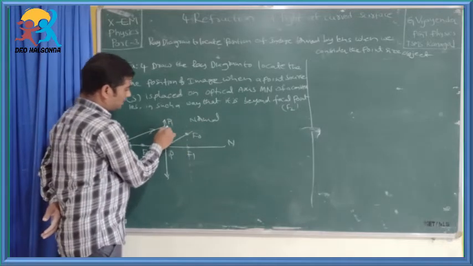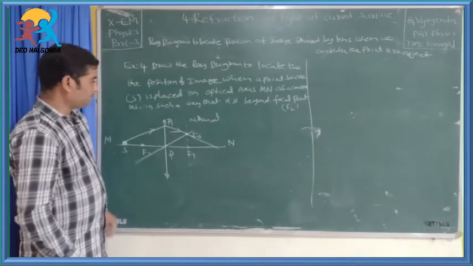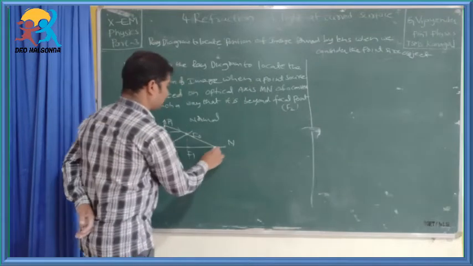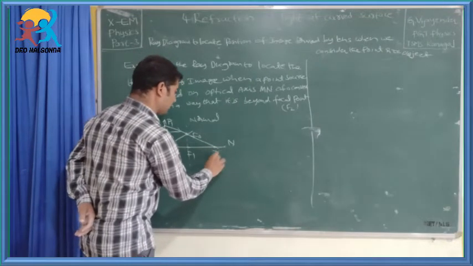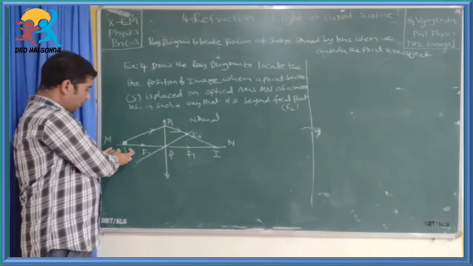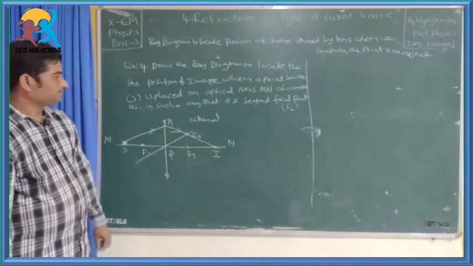This is the refracted ray. Refracted ray is intersecting on the principal axis at this point. This intersection point will give the image of the point size object S. I is the image of the point size object.